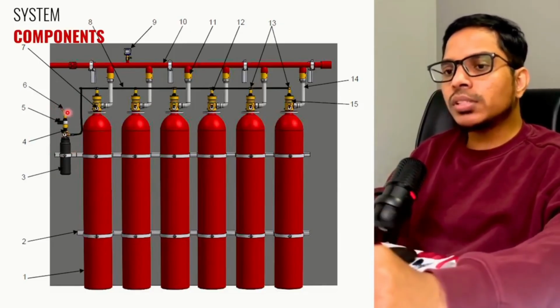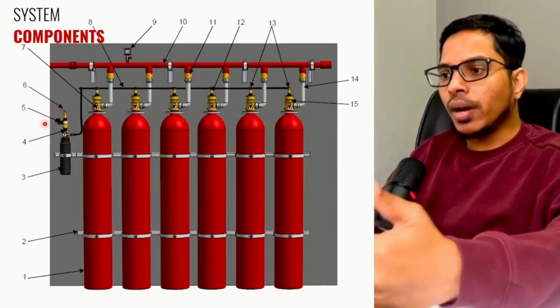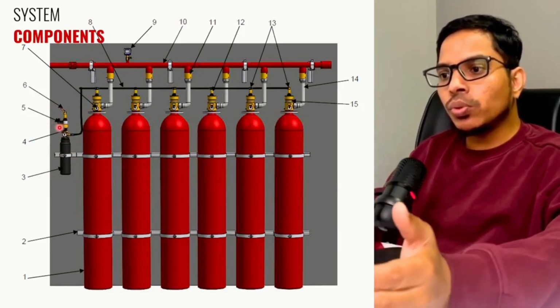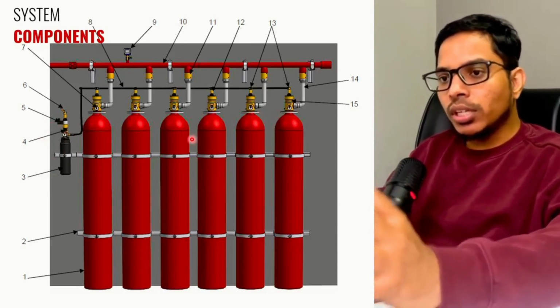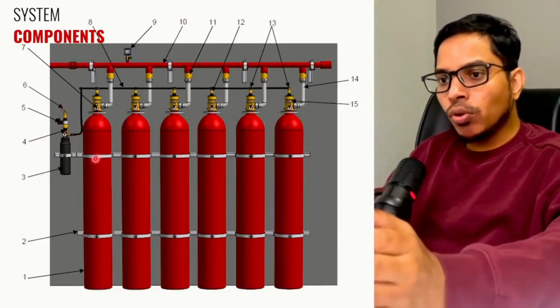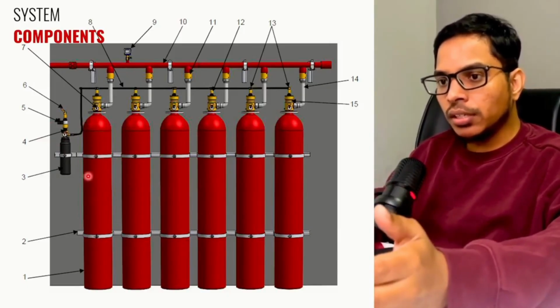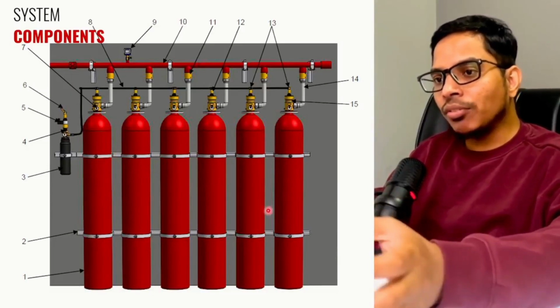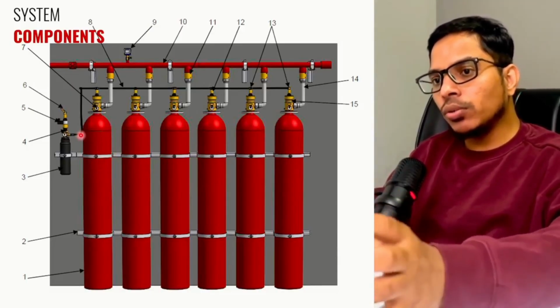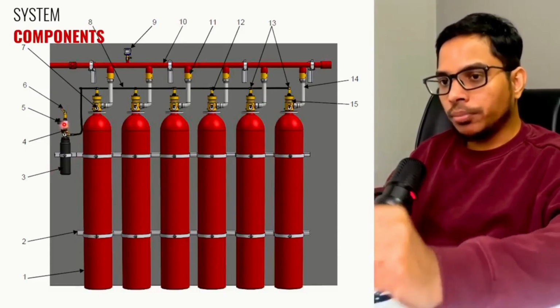The purpose of this pilot bottle or pilot cylinder is to activate the main cylinders. So in this particular case, there is no main cylinder or slave cylinder. Everything is main cylinder, but in order to activate these cylinders, we need to use the pilot bottle.